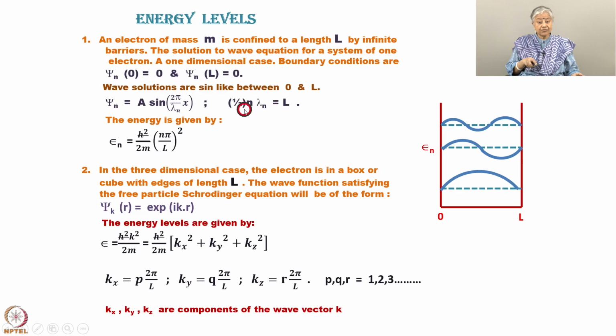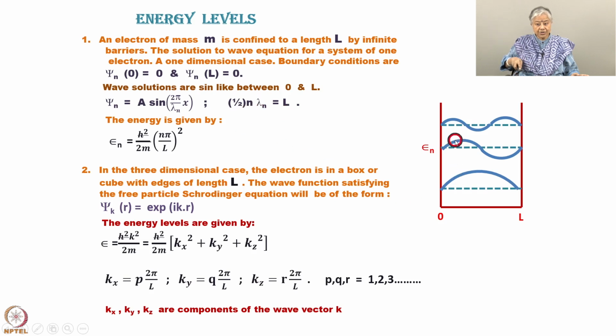Do not confuse this n with the refractive index we had depicted till now; here it is just an integer 1, 2, 3, 4, 5, 6 like that. So, for n equal to 1, it is exactly half a wavelength, therefore, L is equal to lambda by 2.